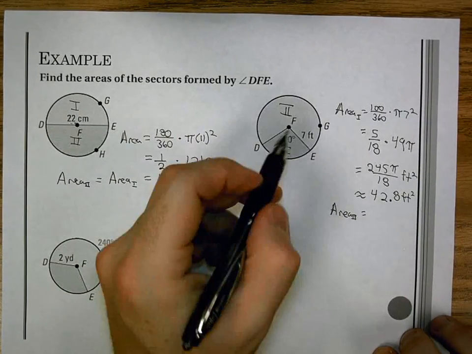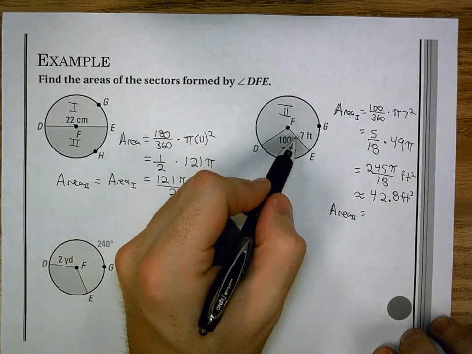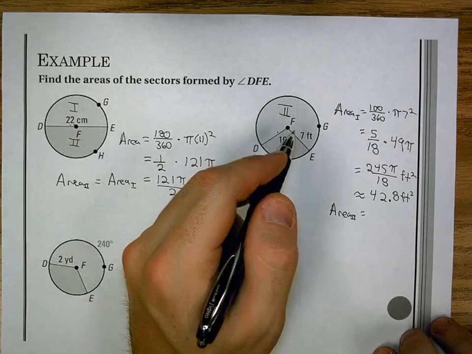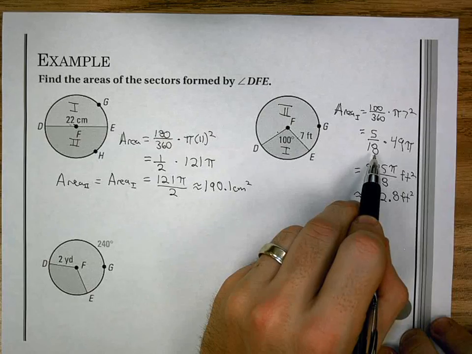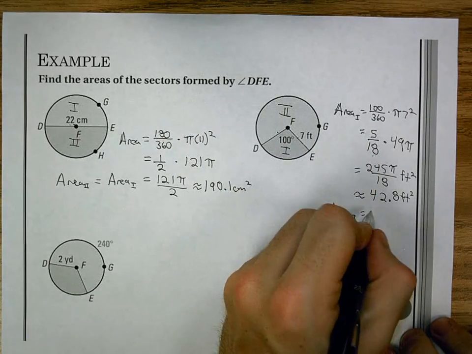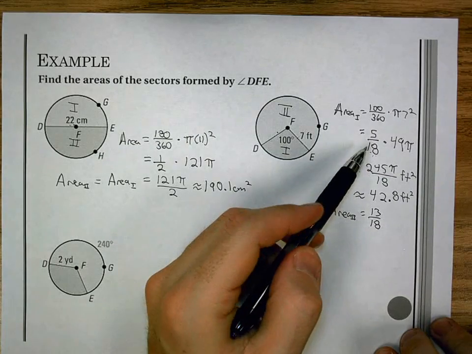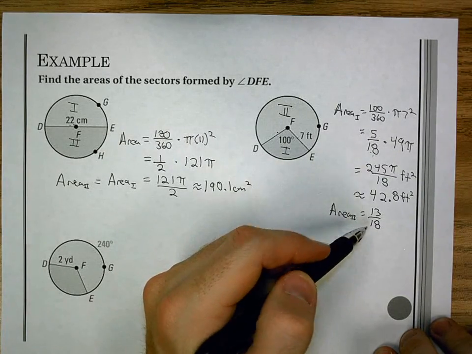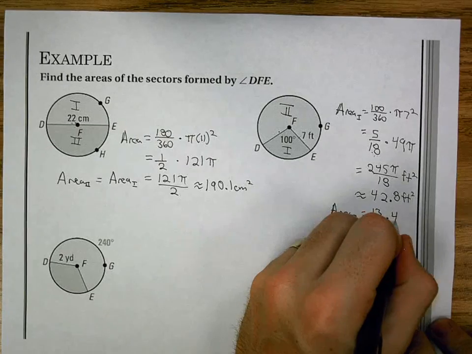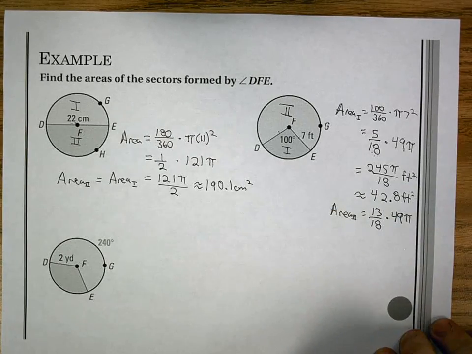Now, the area of sector 2 is going to actually be 260, because that's 100 from 360, it's what's left, but we already know it's going to be 13/18 once we reduce, because if that's 5/18, then I have another 13/18 to represent the whole thing of 49 pi.